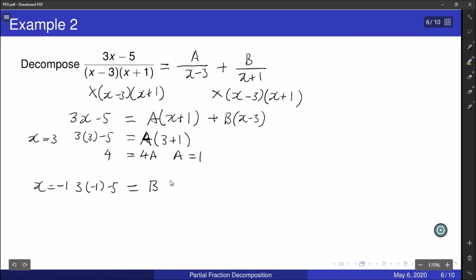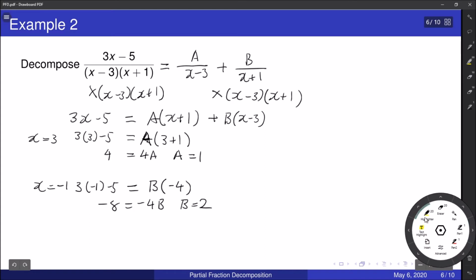So 3 times negative 1 is negative 3, so negative 8 equals negative 4b. In that case, b equals 2.